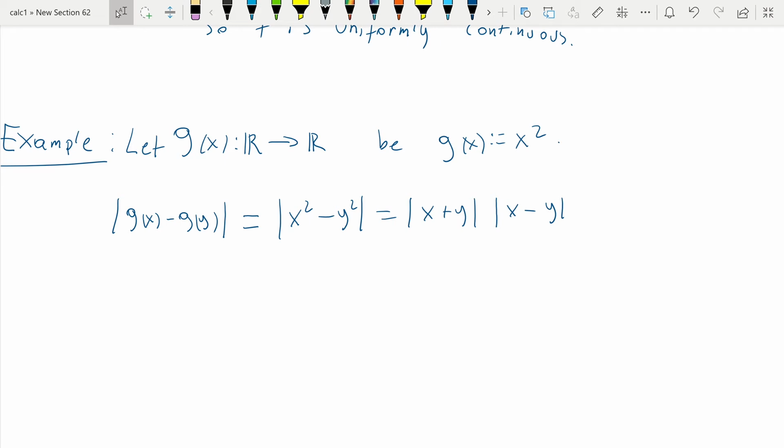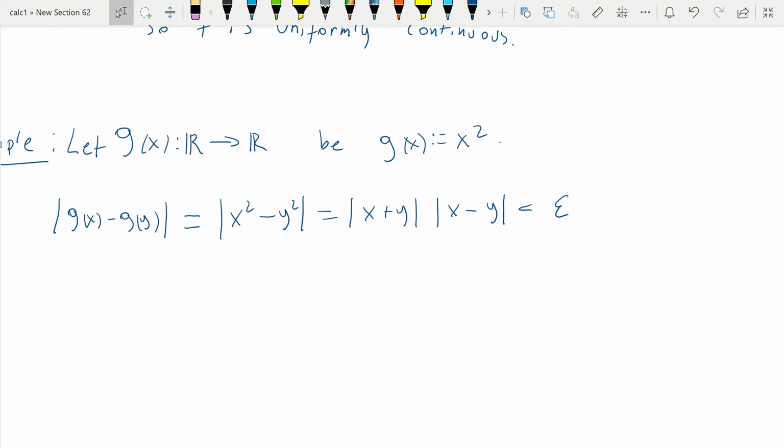So provided this x minus y, the distance between these 2 points, is less than delta, you're supposed to conclude that the images are within epsilon distance from each other. So the absolute value of g of x minus g of y has to be less than epsilon. So this is what you want: you want this thing over here to be less than epsilon, provided this is less than delta.